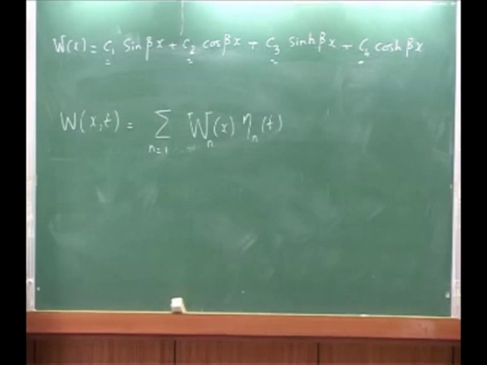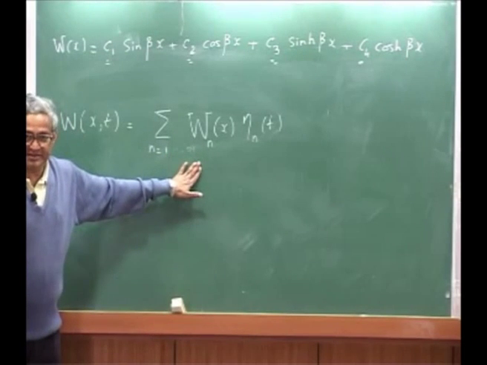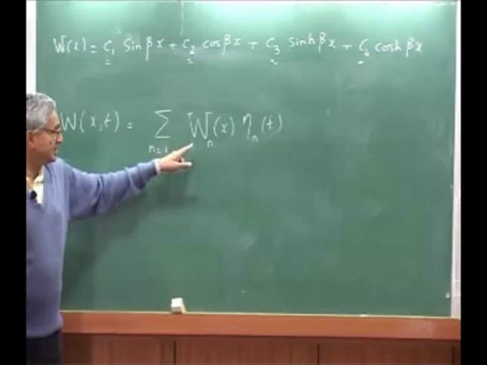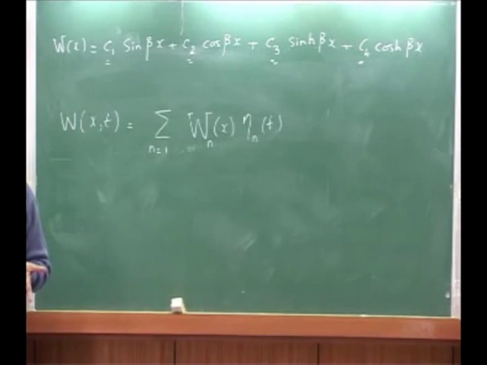Now you see, this is my general motion, because everything is a solution. Please understand, everything is a possible solution, and you know that these are eigenfunctions and they are orthogonal. Orthogonality condition they will satisfy. You follow?